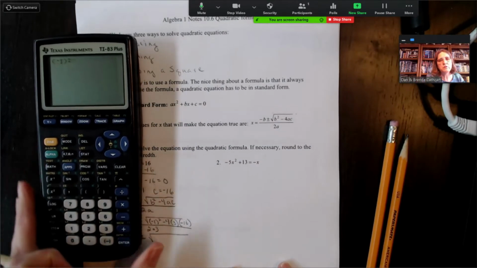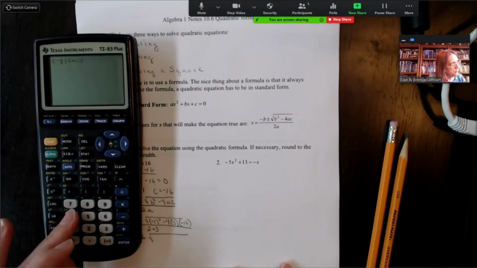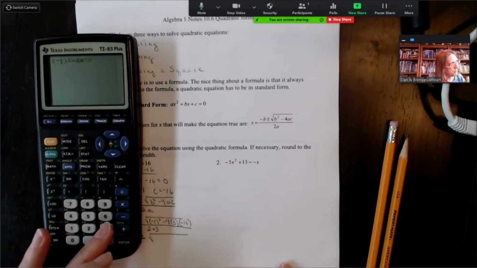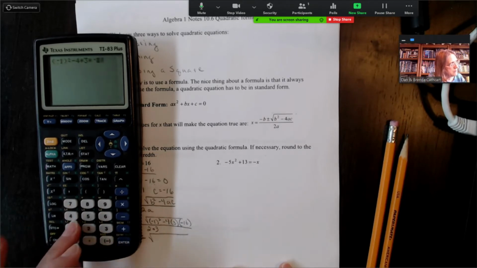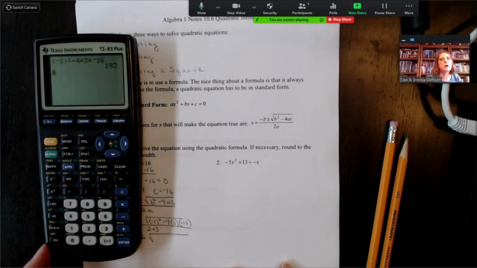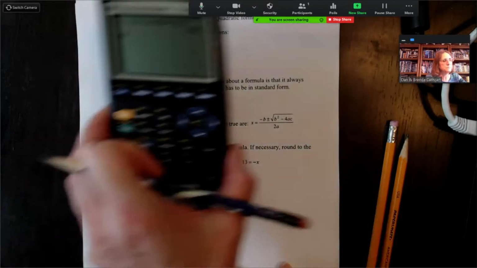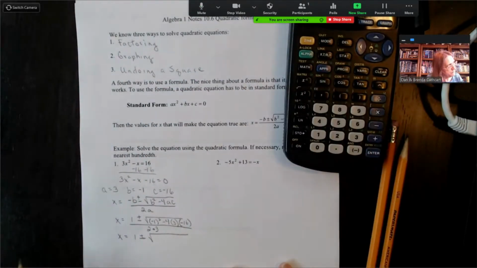And then we're going to subtract 4 multiplied by 3 multiplied by -16. This is our value that will be under the square root. So this value is going to be 193. So we have the square root of 193, all divided by 2 times 3, or 6.